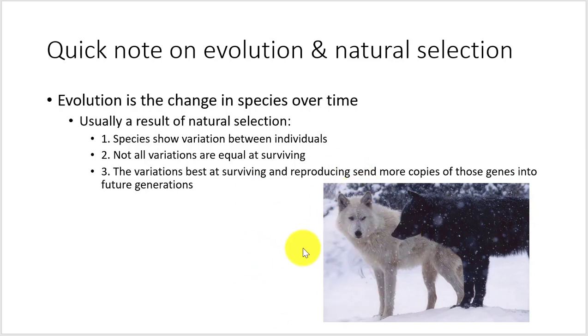Those that have this lighter coat coloration are probably going to be better at surviving and reproducing, which means they're going to have more offspring, as opposed to, let's say, only half of the black wolves in this population surviving. They don't reproduce as many offspring. So we'll see in a few generations there's going to be a higher frequency of these lighter colored wolves than the darker colored wolves. That's evolution.